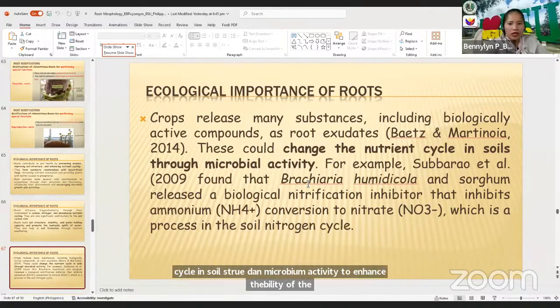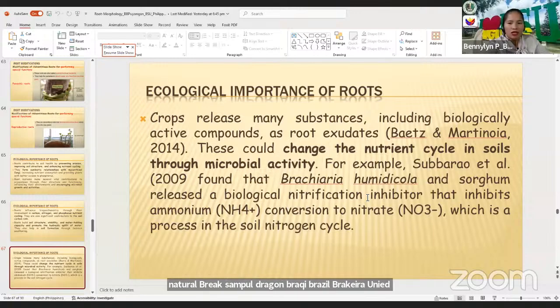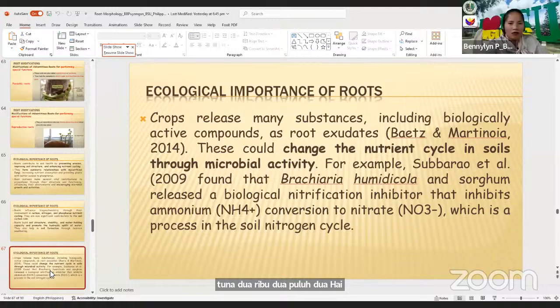For example, the Brachiaria humidicola and sorghum release the biological nitrification inhibitor that inhibits ammonium conversion to nitrate, which is a process in the soil nitrogen cycle. So that is some of the functions of the roots in terms of the ecological importance.